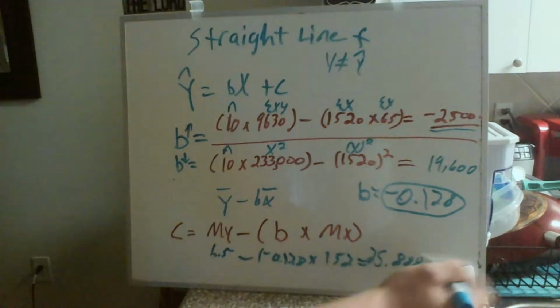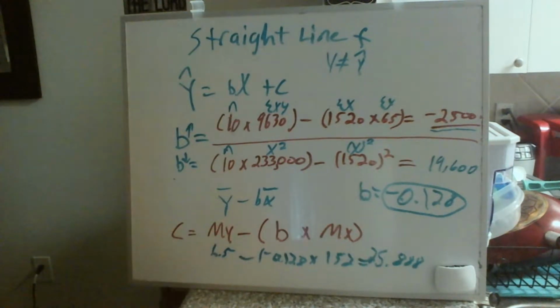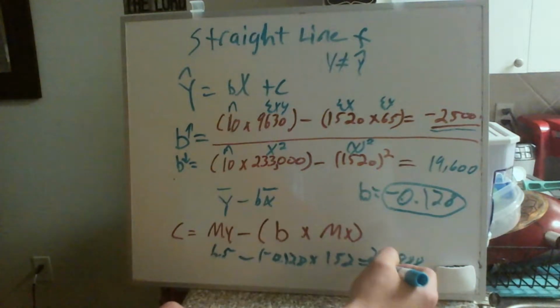It's not aligned because there's more decimals behind there, but that's how we get the c.